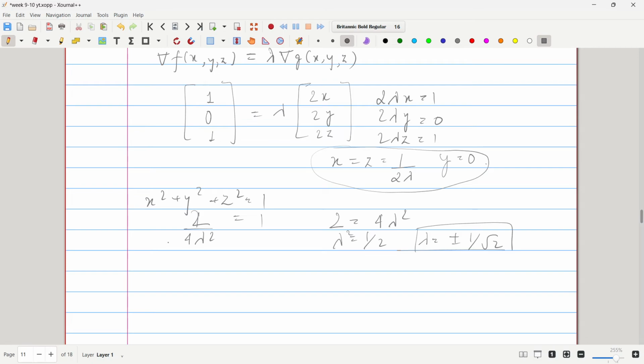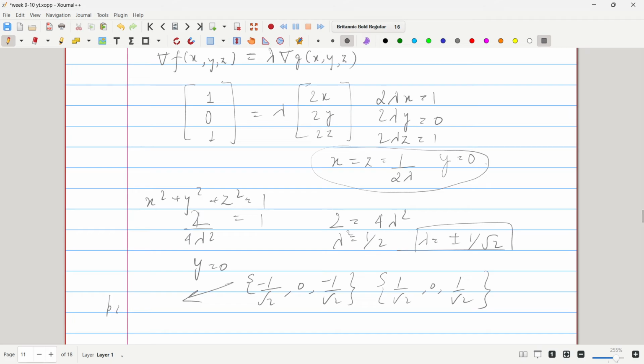Now, see, y is 0, right? So you can get 2 points from here. Minus 1 by root 2, 0, minus 1 by root 2, and 1 by root 2, comma 0, comma 1 by root 2. Okay.